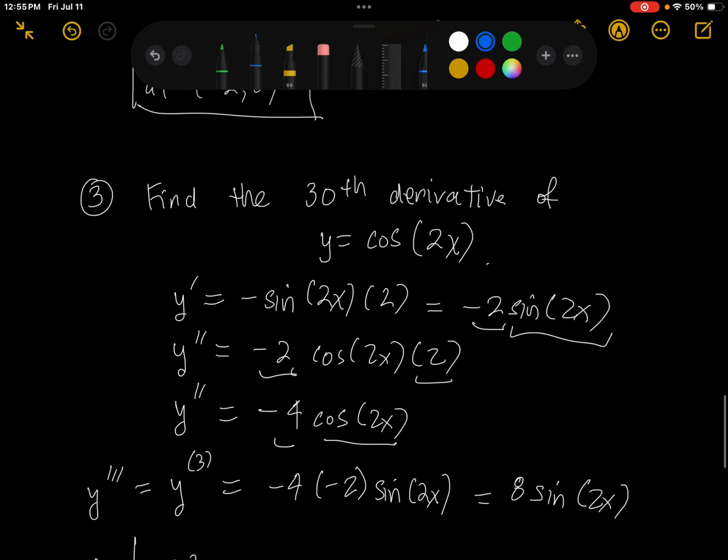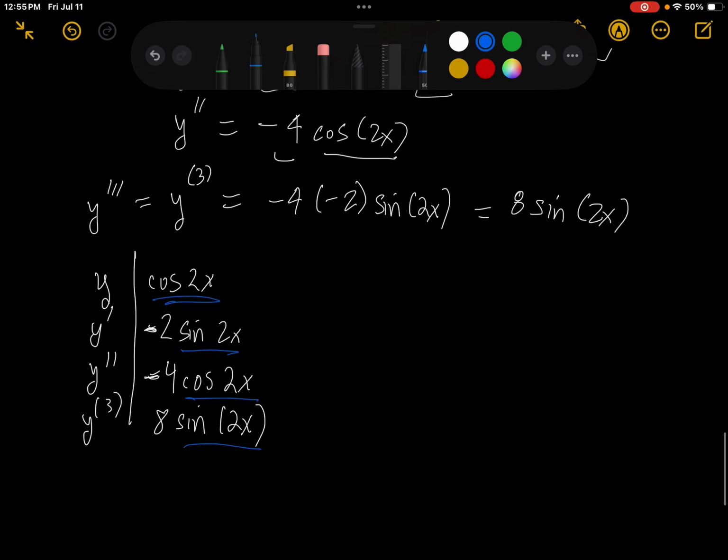And looking back, the question says to find the 30th derivative. So we know that we're going to get cosine of 2x times something. The question is, what's that constant? So let's try to find a pattern in the constants. Well, for y, it was 1 times cosine of 2x. Then you had negative 2, then negative 4, then 8.